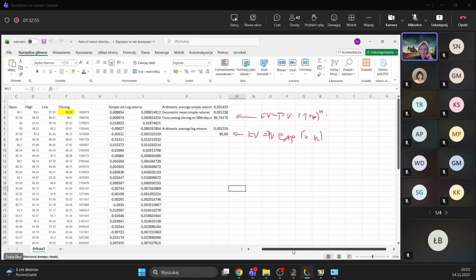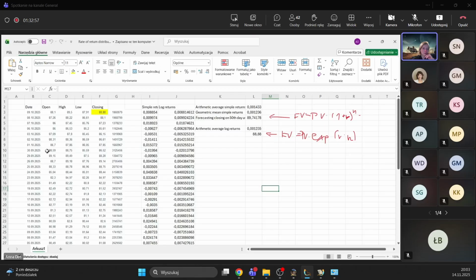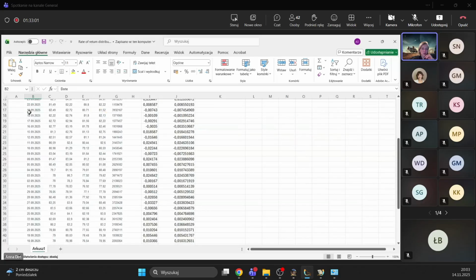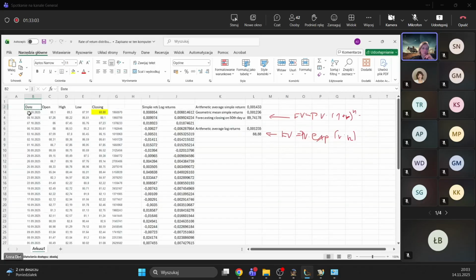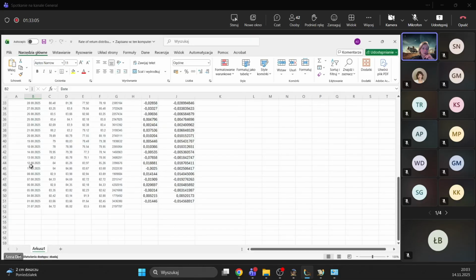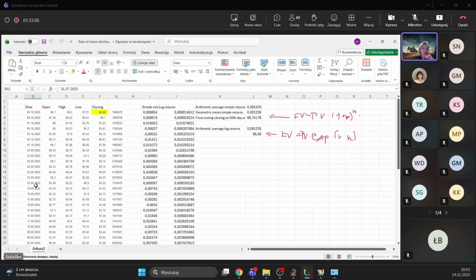You can see this is already calculated. Here we have the data for stock. This is for Orlen, a Polish company. It is 50 data points on closing prices.